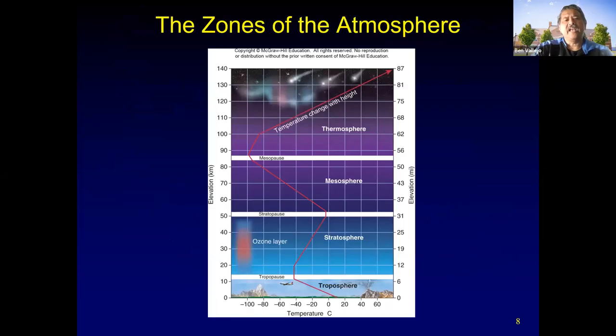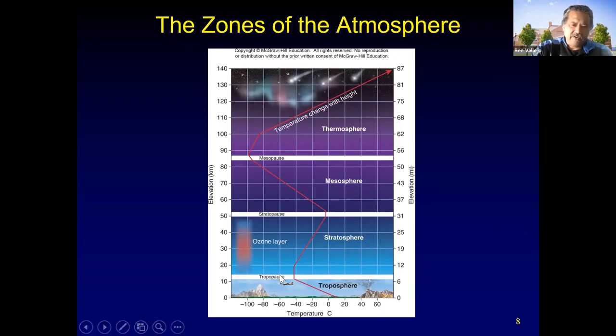Okay, here's your classic diagram that shows you that in the troposphere the temperature is going down, and then going up, and then down and up, and then we have 0 to 10, 10 to 30 or 40, 30 to 40 to 50, and 50 to 300. Those are the elevations, and this is the trend of the temperatures as you increase in altitude.